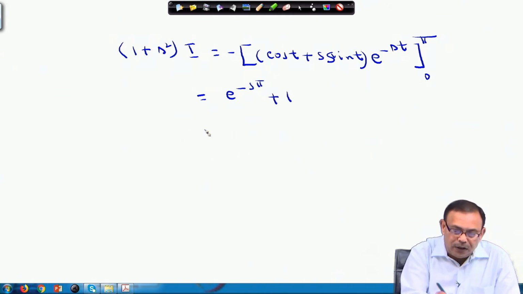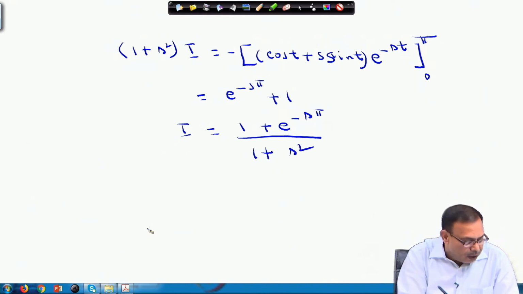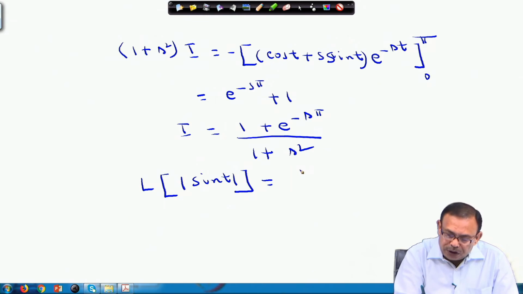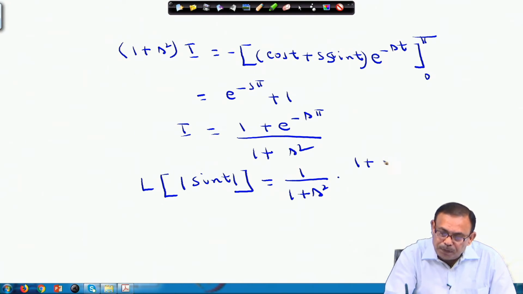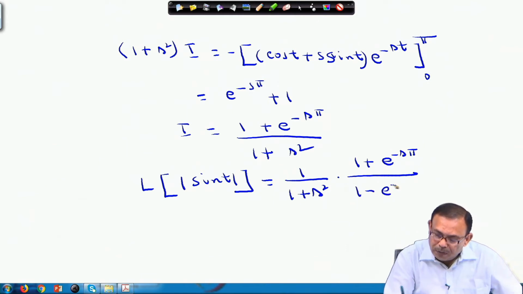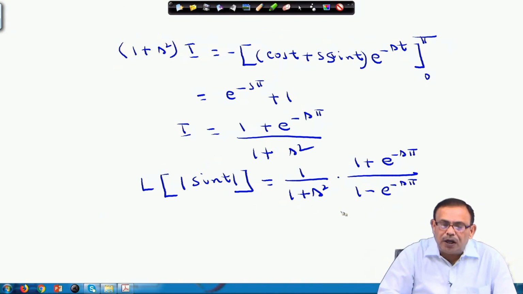Therefore, I equals (1 plus e^(-s pi)) divided by (1 plus s squared). So the Laplace transform of |sin t| is equal to 1 by (1 plus s squared) into (1 plus e^(-s pi)) divided by (1 minus e^(-s pi)). This is the Laplace transform of the modulus function of sin t, which is a periodic function of period pi.